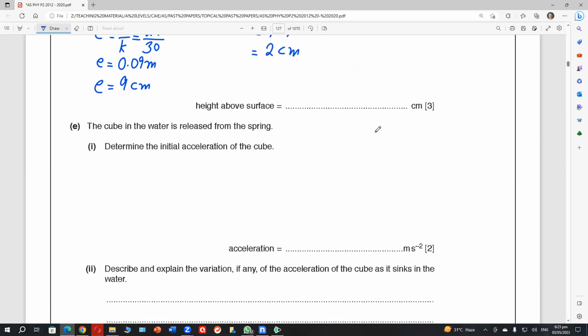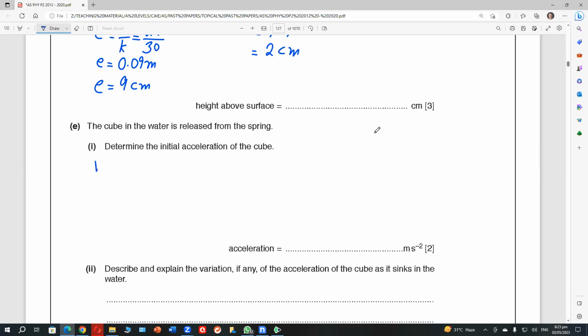The cube in the water is released from the spring. Okay, now they have released it from the spring. Determine the initial acceleration of the cube. It falls down and travels underwater, and we should see it was in equilibrium. As soon as you release it, it will go down due to the gravity. So what's the formula we can use?